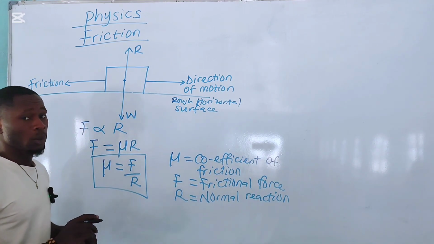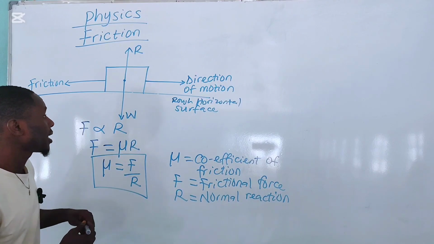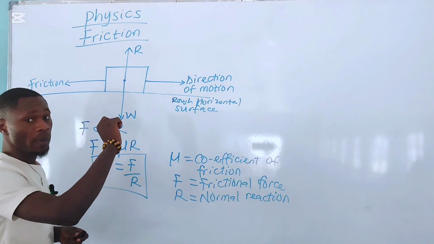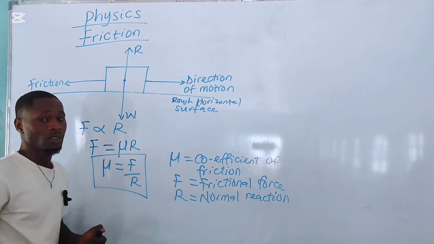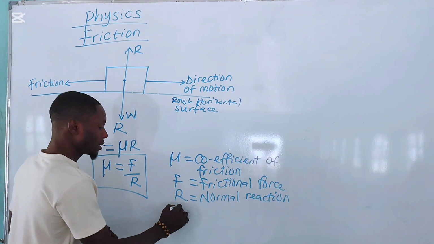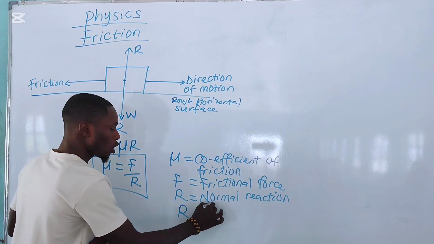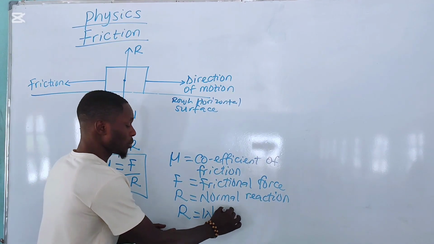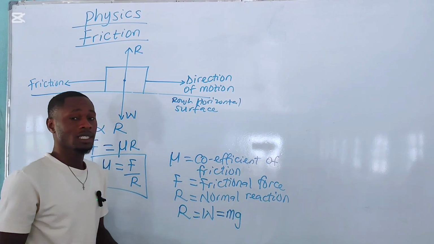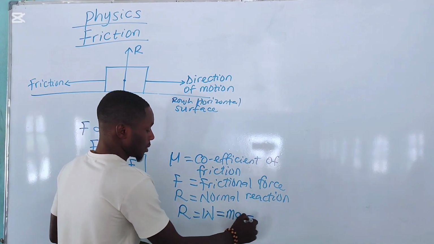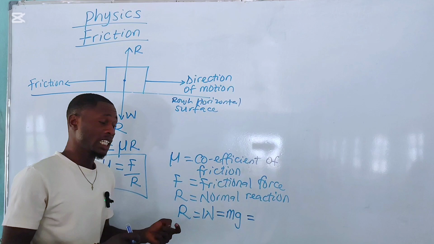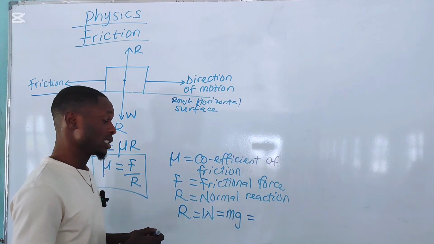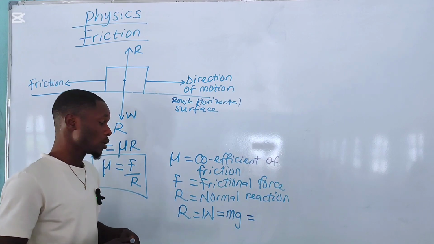One important thing we need to know is that for a body resting on a horizontal surface, the normal reaction is always equal to the weight of the body. The weight of the body is equal to the product of the mass and gravity, where mass must be measured in kg, while g is the acceleration due to gravity, and it must be in meters per second squared.